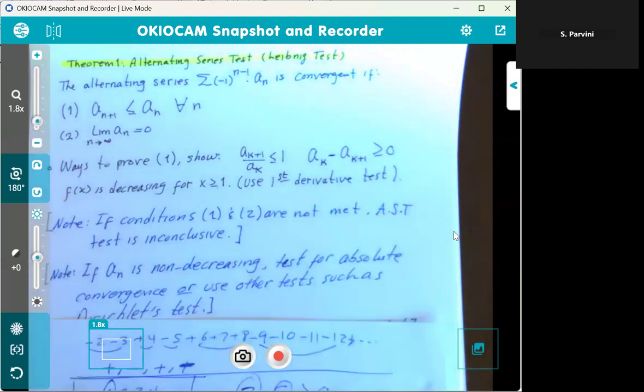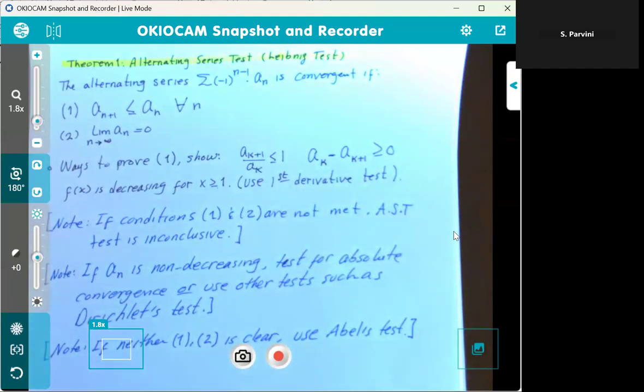Next, I want to show you the remedial actions if items 1 and 2 of the test fail to hold.